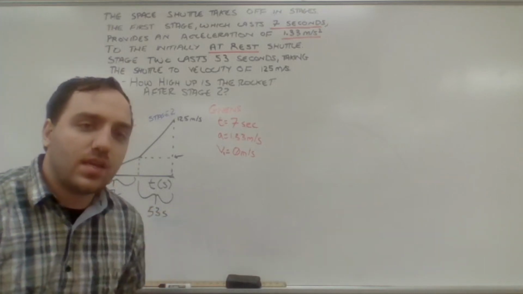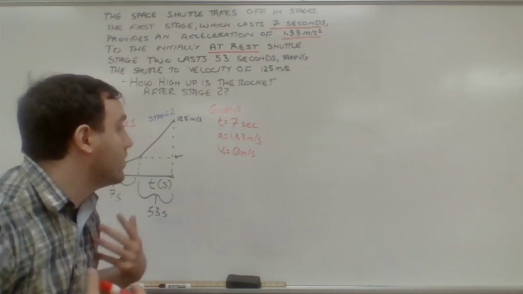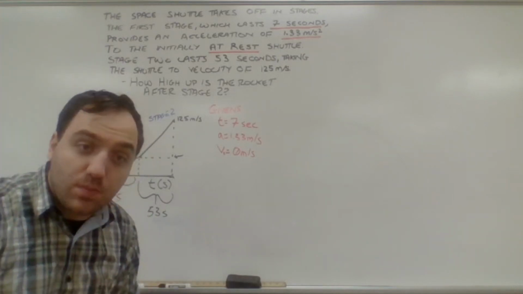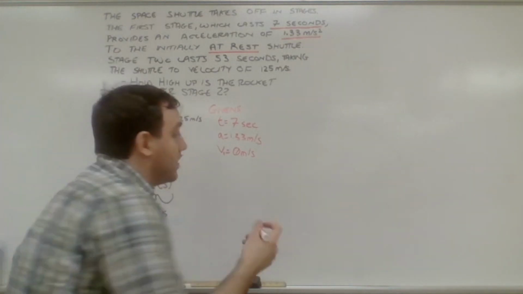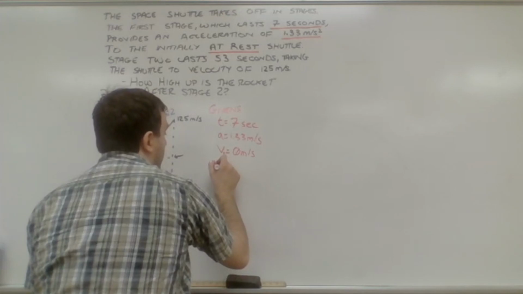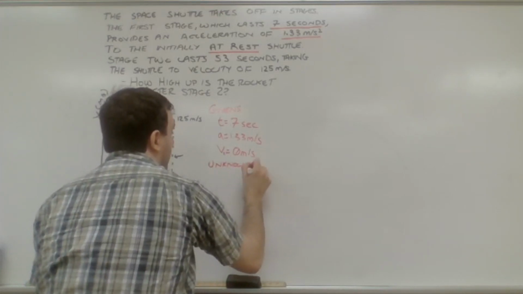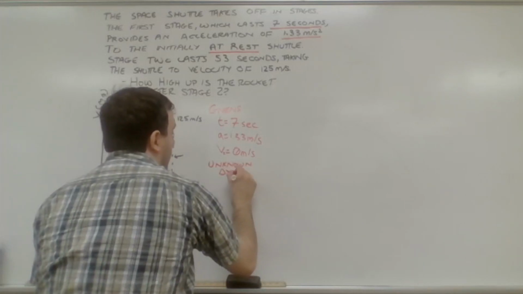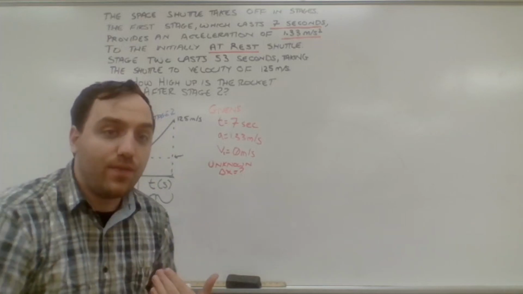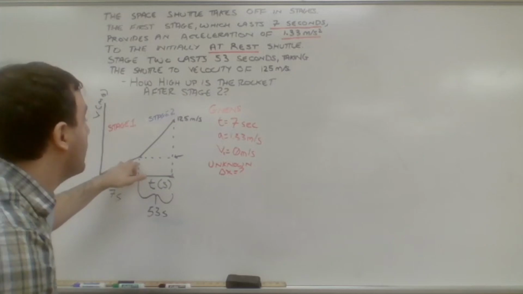My unknown in this case is I want to know how far it goes. Now, finding out how far it goes is just a simple matter of using one of my equations at this point. In this case, my unknown is delta x. If I'm looking at this graphically, in order to find my delta x, the first thing I need to find is this v final.